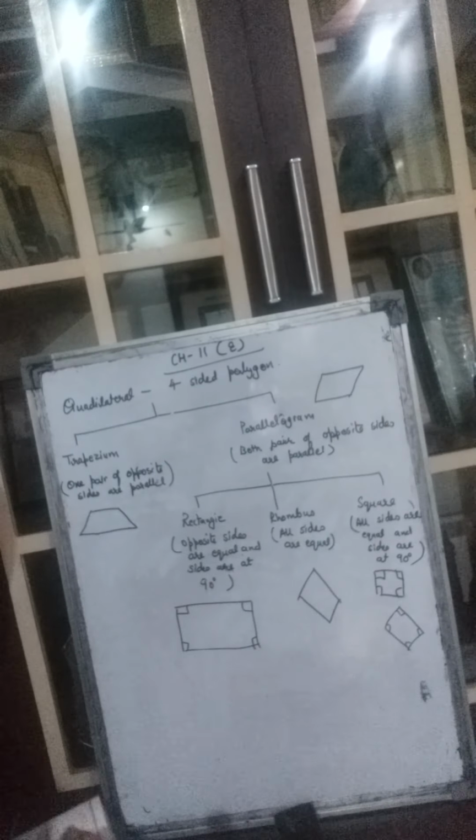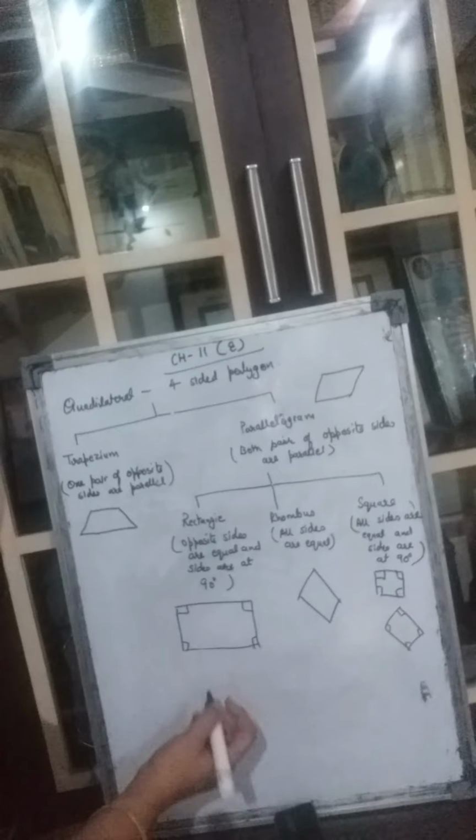Third, a quadrilateral with exactly 2 sides parallel. Only 2 sides are parallel. That means one pair is parallel. What is that? Trapezium. Fourth one, the diagonals of this quadrilateral are equal but not perpendicular. The quadrilateral is a rectangle.